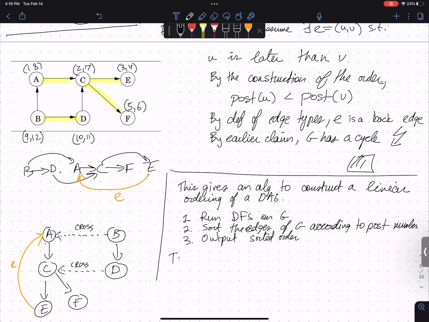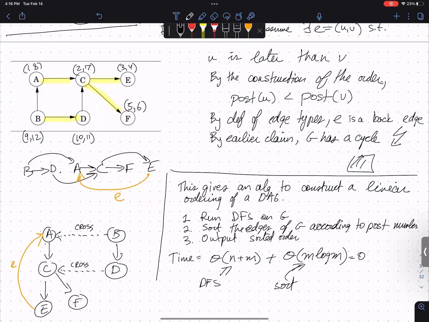That's it. The time is the time for DFS, n plus m, plus the time for the sort. So sort n log n, but here we're sorting the edges, so it's m log m.